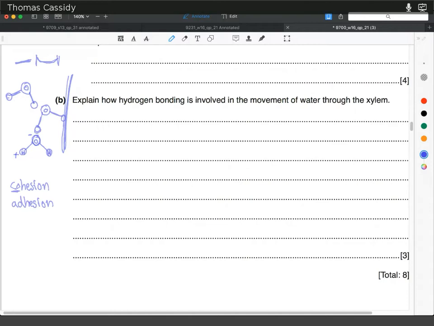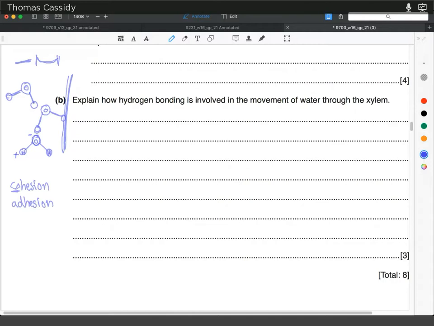So that's really as in depth as you need to get. It's not asking you to explain why hydrogen bonding is a thing in the first place, but it helps to have an understanding of what you're talking about when mentioning cohesive forces between water molecules and adhesion forces between the water and the side of the plant.